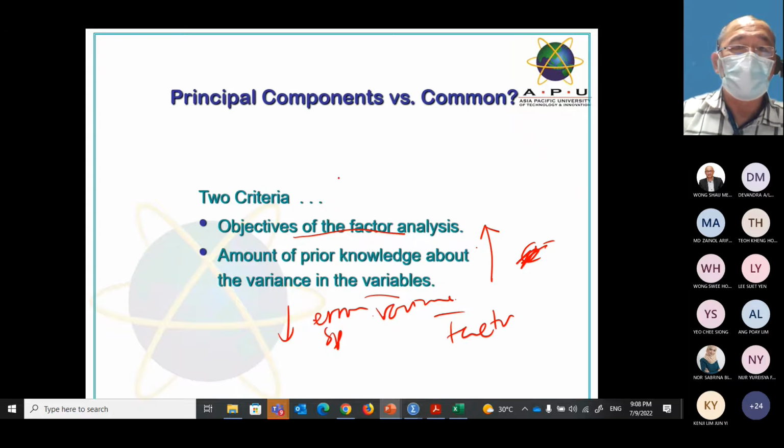If you know more, then you can use principal component analysis.